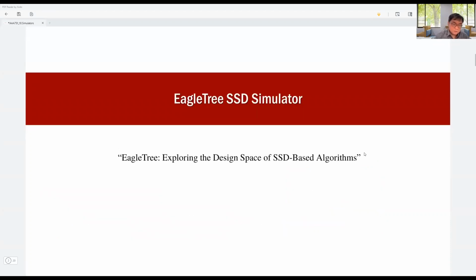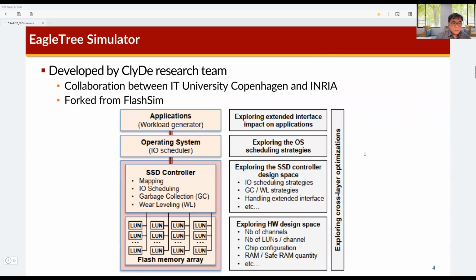Okay, so the first one is the Eagle3 SSD Simulator. This is a trace type SSD simulator. This Eagle3 simulator was developed by IT University of Copenhagen and India, and it is developed based on FlashSim.